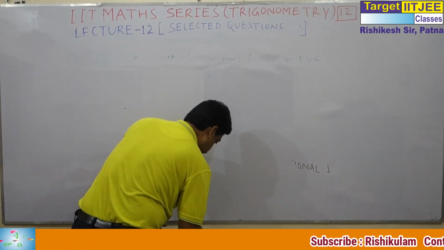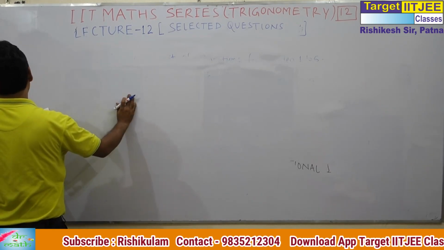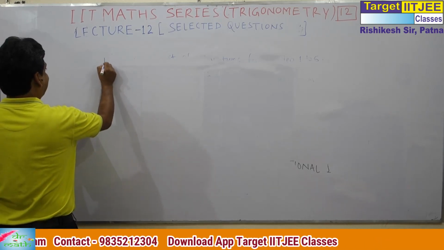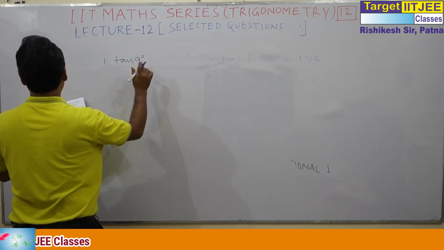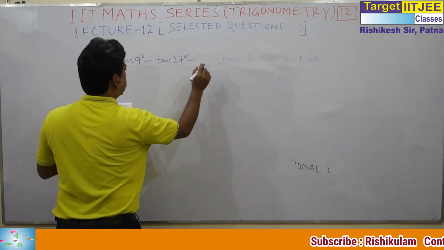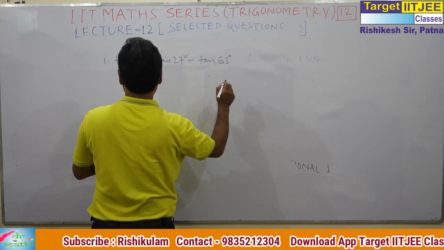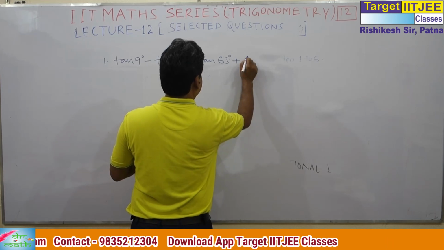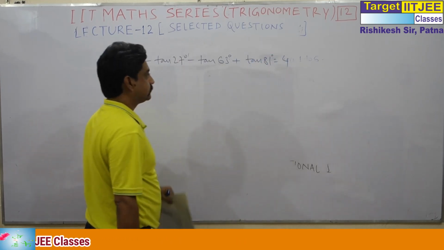The first question was, this I have given in DPP 4. Prove that tan 9 degree minus tan 27 degree minus tan 63 degree plus tan 81 degree is equal to 4.